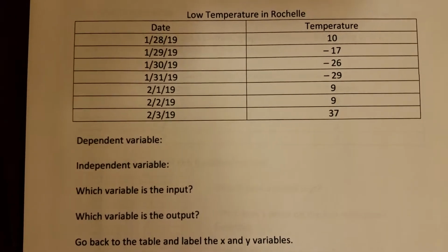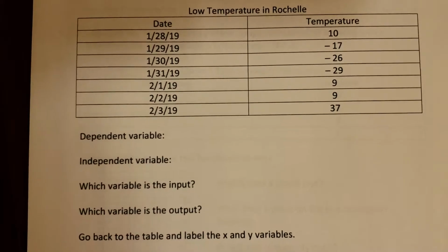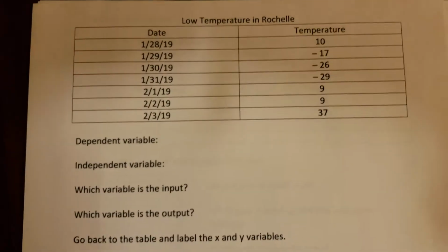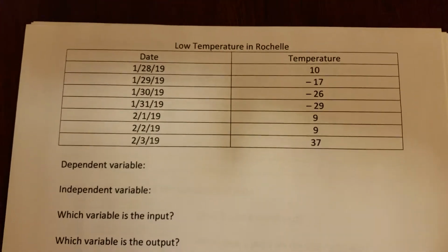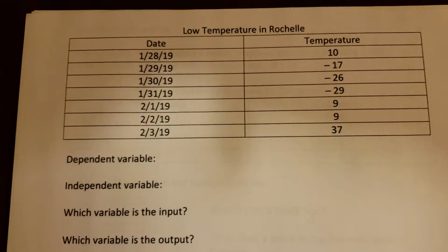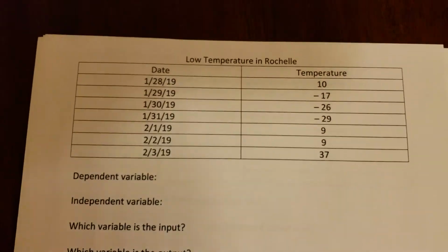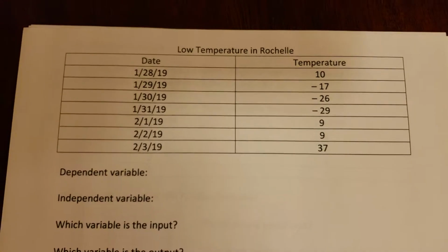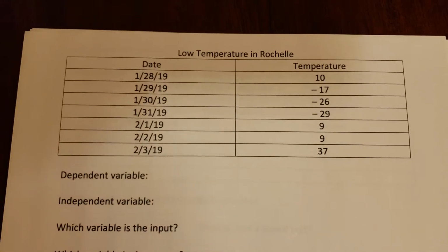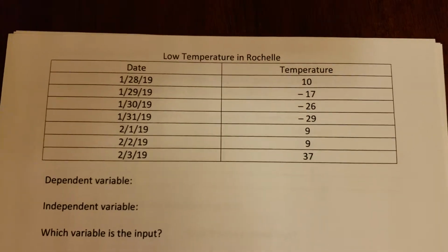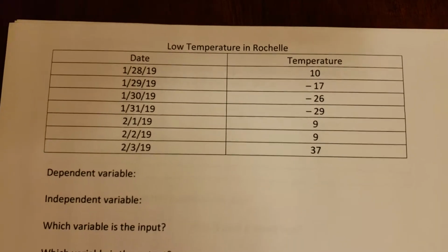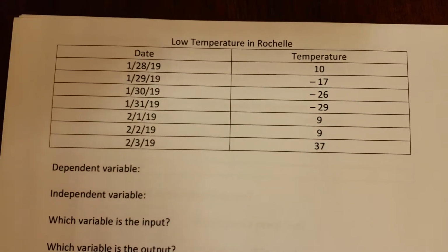Okay, so this is kind of tricky because the temperature did not depend on the date. However, if I am looking up the temperature on a computer, the temperature that my computer tells me depends on the date that I ask it to look up.